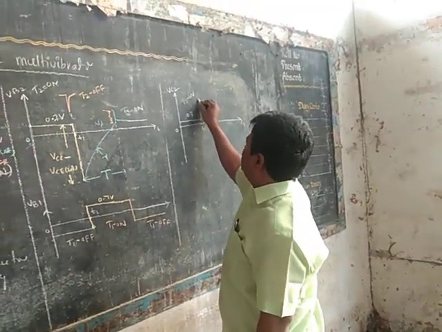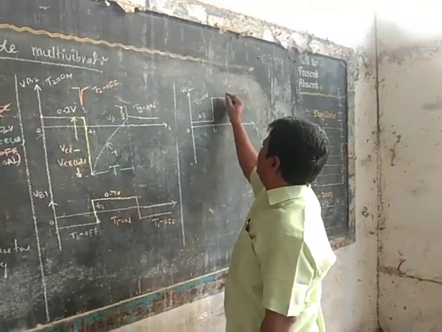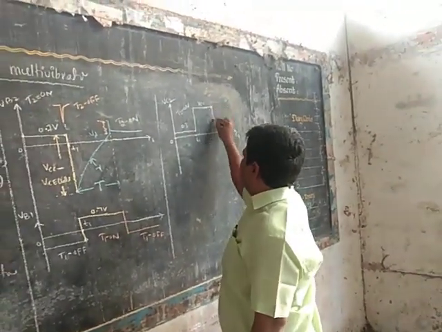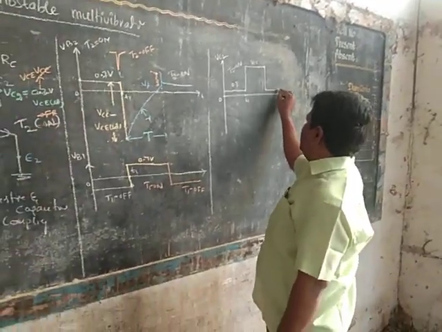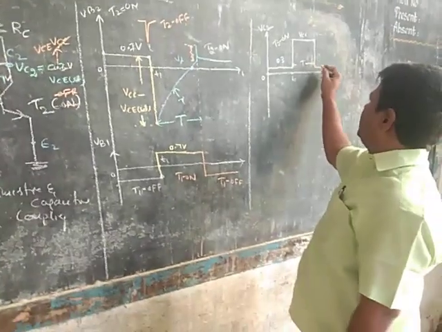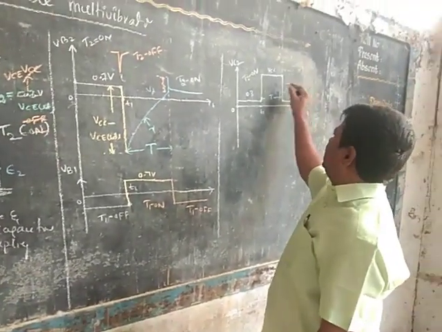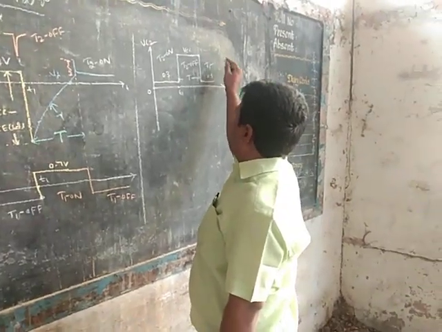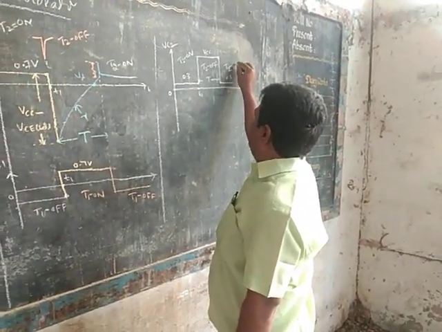During T2 off, its collector voltage is VCC. Then after capital T time interval, again it comes back to 0.3. Here T2 off, T2 on.